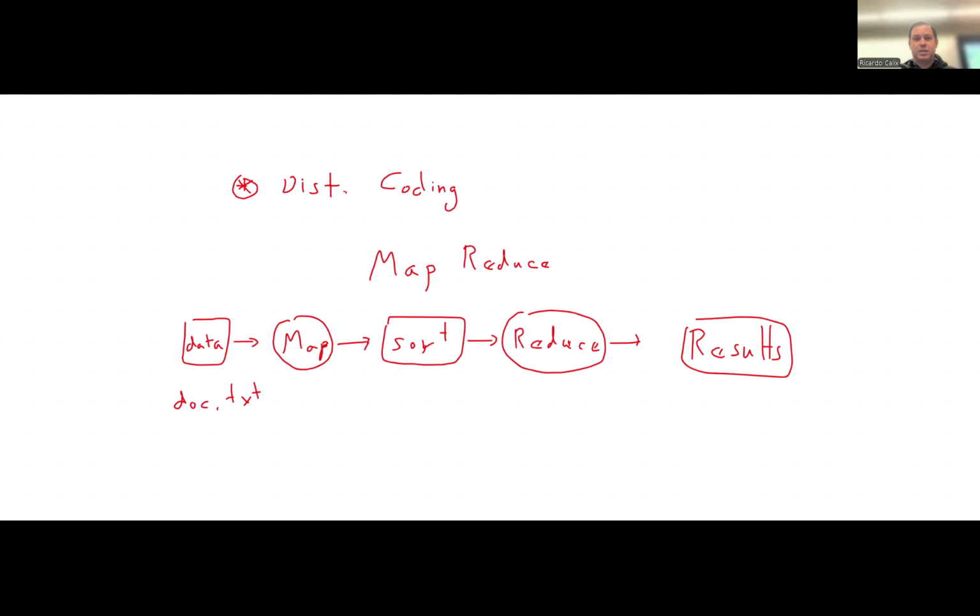All right, so let's start with this example then. Step one, we have some document. And the problem, of course, is we're going to count words in parallel in this cluster.